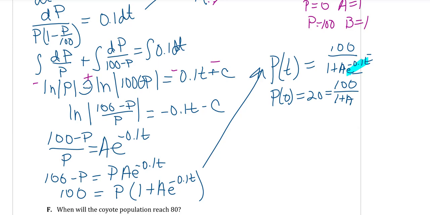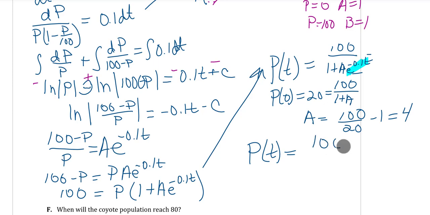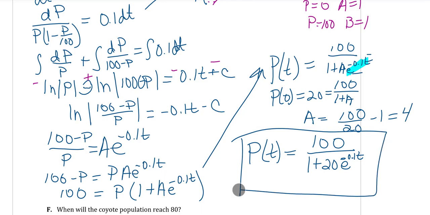And then solving this, you get that A is going to equal 100 over 20 minus 1, so you're going to get the 4 that I came up with earlier. So our particular solution is going to be P of t equals 100 over 1 plus 20 e to the negative 0.1t. So there's our general and our particular solution.